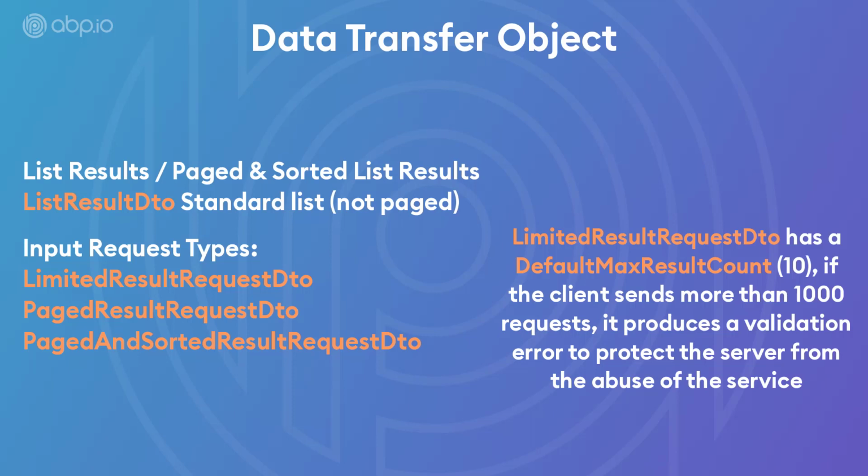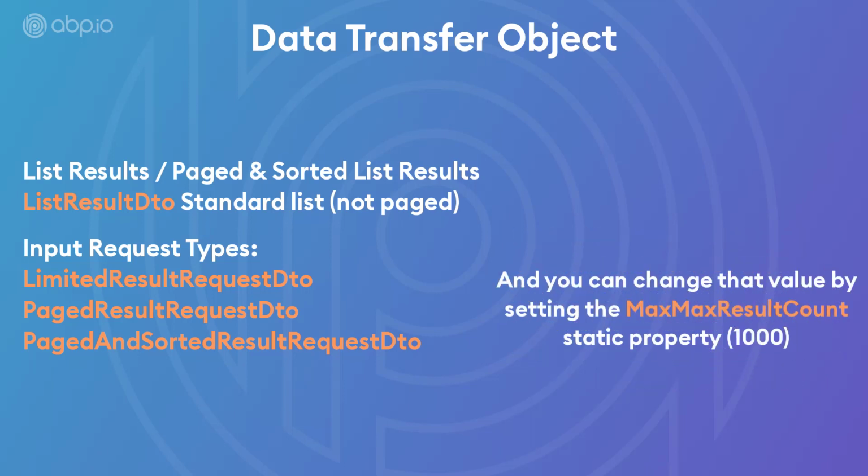However, if the client sends more than 1000 requests, it produces a validation error to protect the server from the abuse of the service. And you can change that value by setting the MaxResultCount static property.